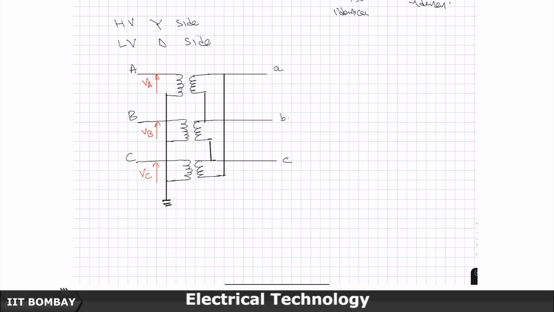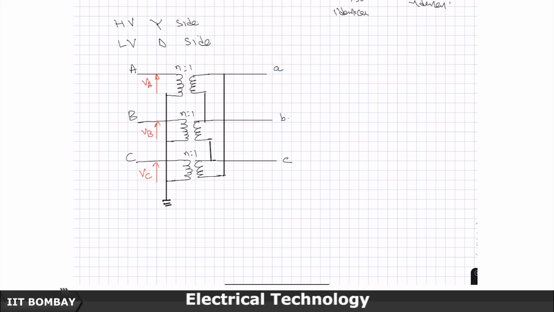Okay. Now, let us say that the turns ratio of the transformer is N is to 1, and these are 3 identical transformers. So, therefore, I have N is to 1, N is to 1 and N is to 1.